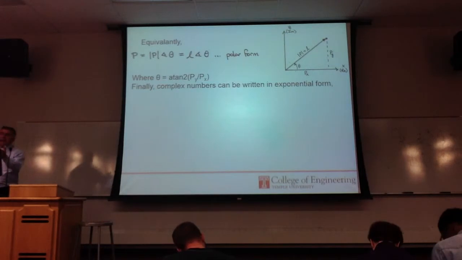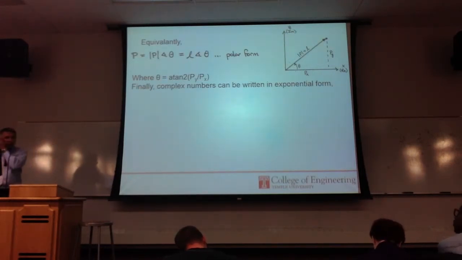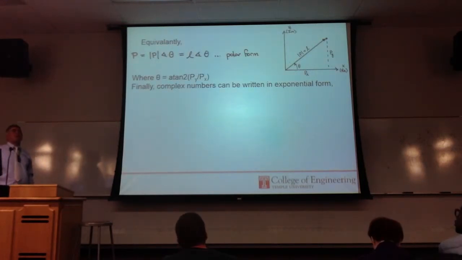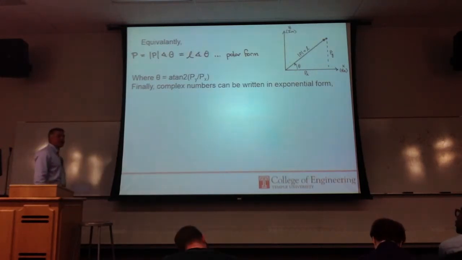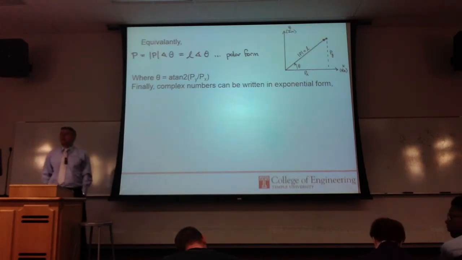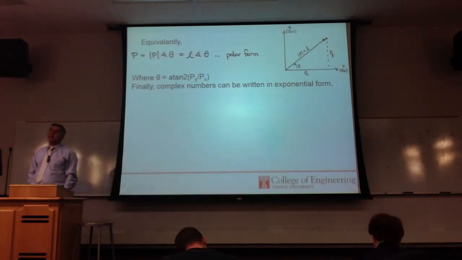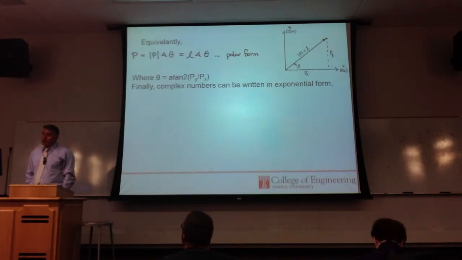So using that concept, using the polar format, now what we want to do is describe it in an exponential form. Oh my God, you're using so many different terms. Yes? So when you say A tan 2, is that just the inverse of tan? Well, yeah, it's the inverse of tan, exactly.